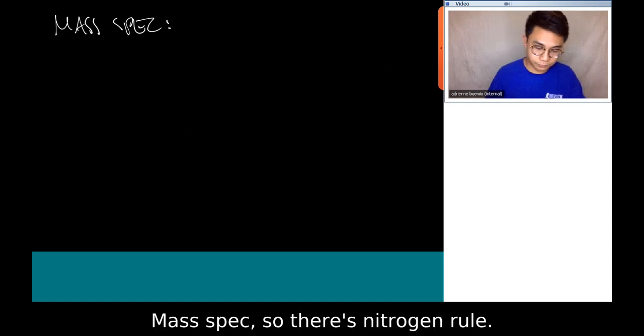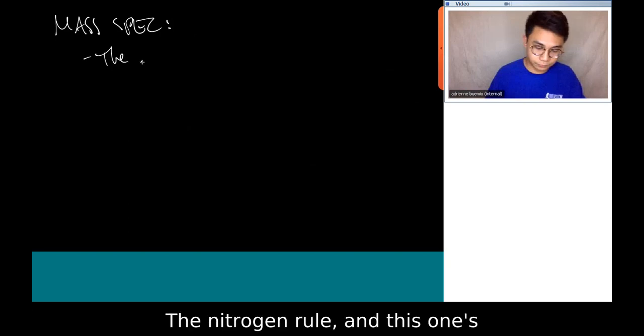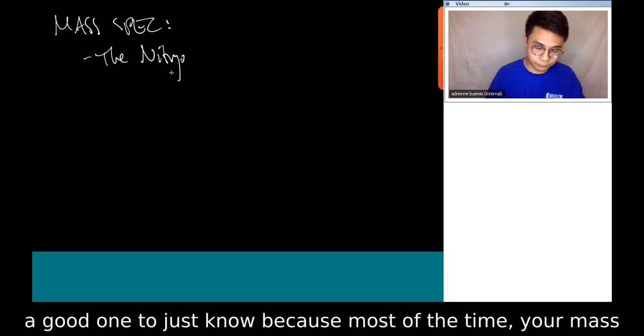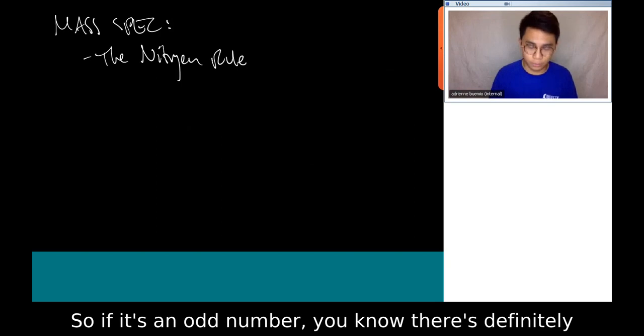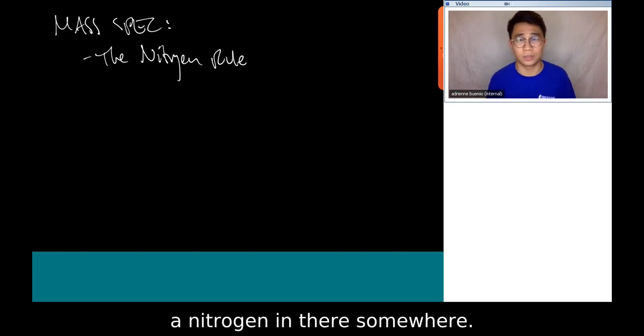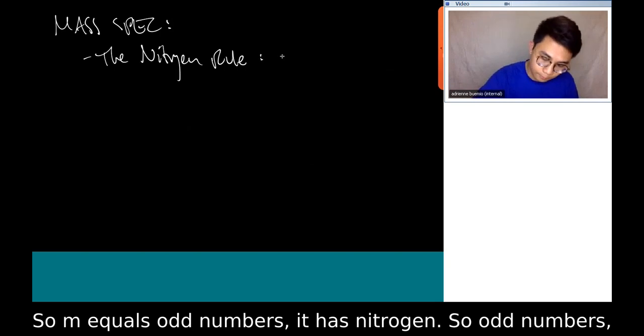Mass spec. So there's the nitrogen rule, and this one's a good one to just know because most of the time your mass is gonna be an even number. So if it's an odd number, you know there's definitely a nitrogen in there somewhere, right? So M equals odd number, it has nitrogen.